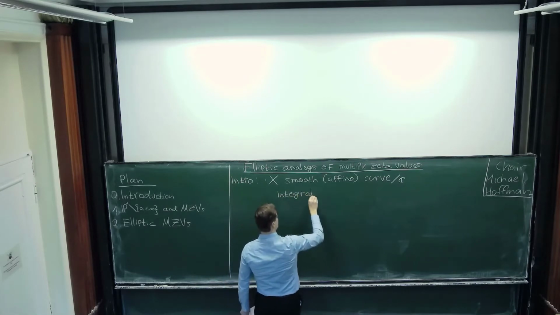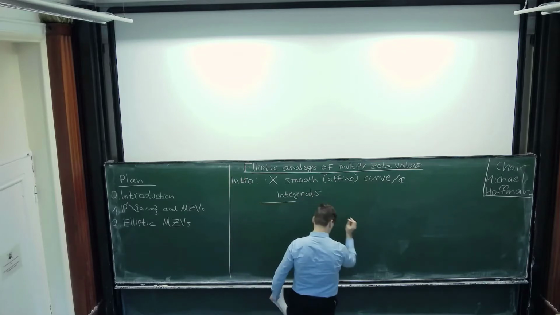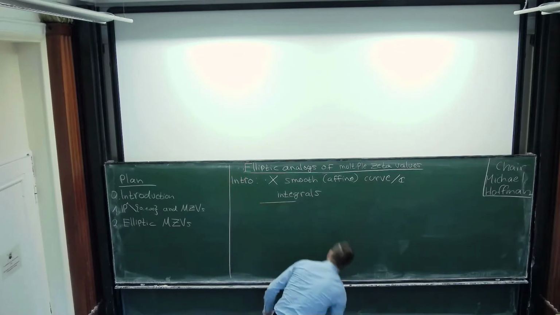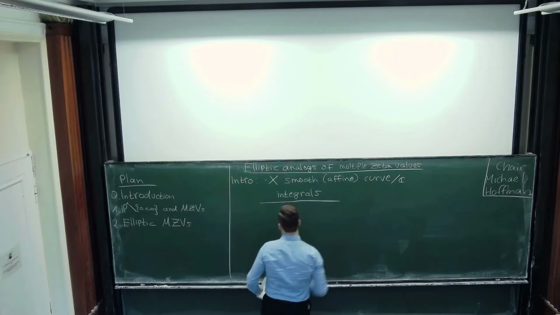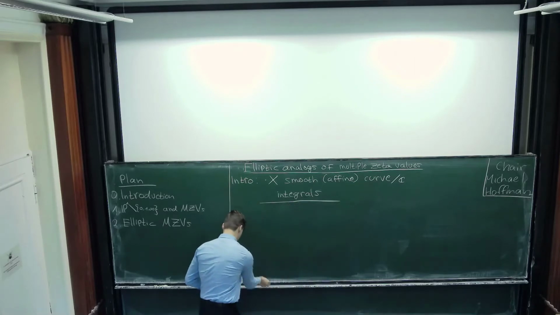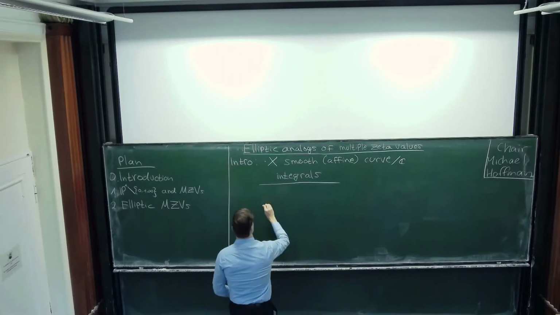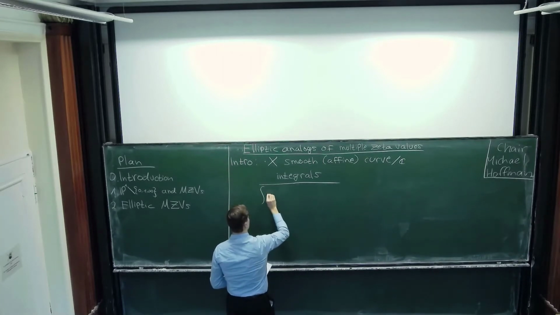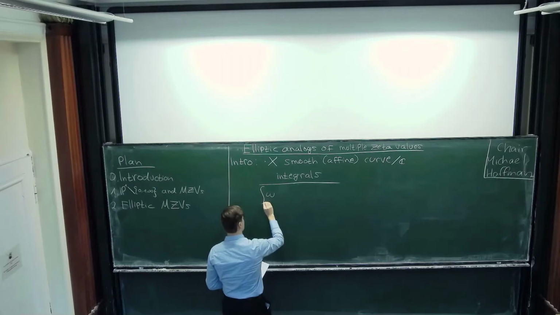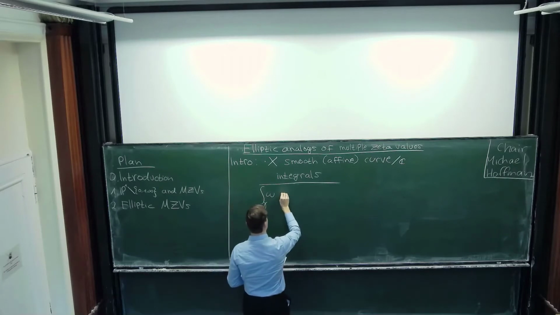Classically, you look at integrals. What does this mean? You're looking at expressions: integral of some smooth one form omega along some piecewise smooth path gamma. That's going to be a complex number.